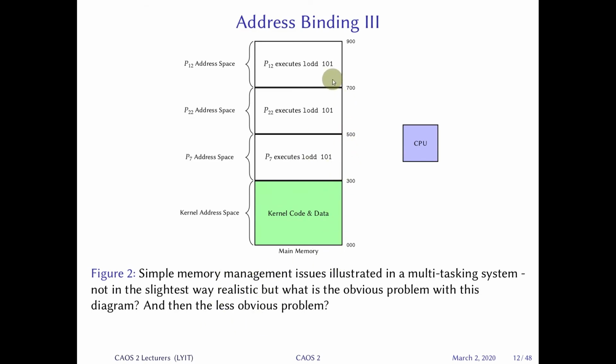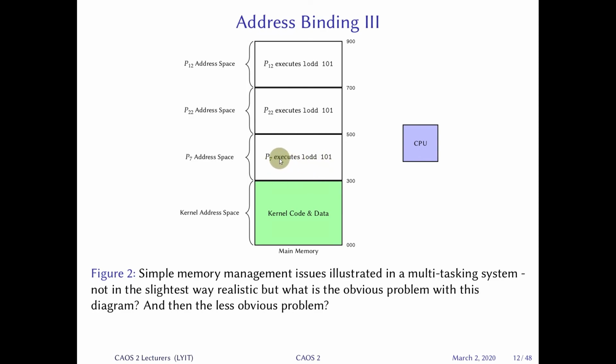Okay, so that's one problem that arises with this very simplistic model of memory management. But there's a second problem, which is that these processes are using up all of the available physical memory in this very, very simple computer that we're looking at here. So what happens if, for example, P7 decides that it needs more memory?